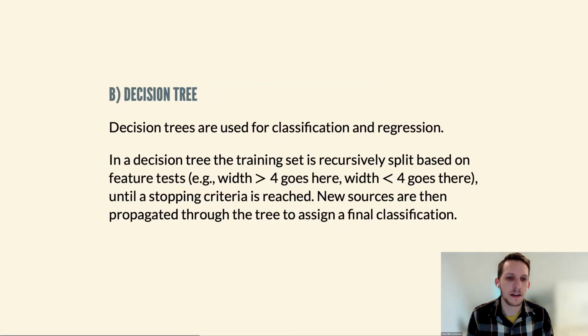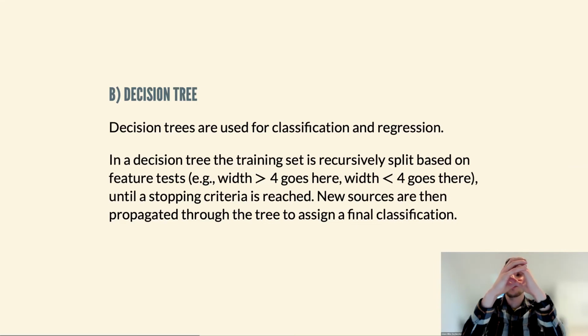Of great power, a few decades ago, was the introduction of decision trees, which can be used for both classification and regression. In a decision tree, the training set is recursively split based on tests of the individual features. So you have all your sources at the very top of your tree. And then we say, okay, we're going to split on a value of width equal to 4.